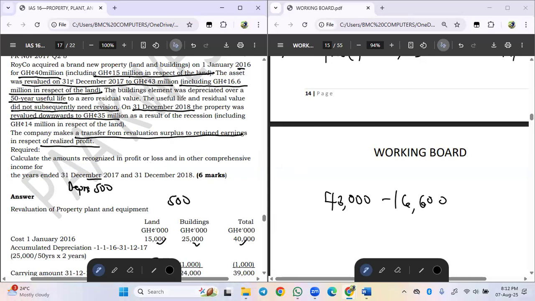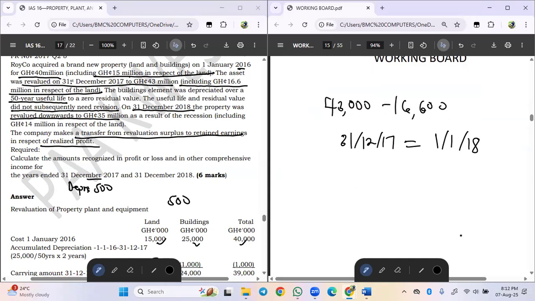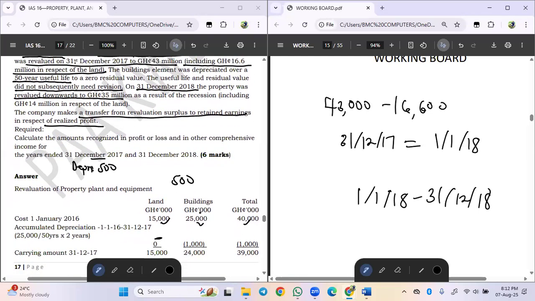So I've been saying this, 31st December 2017 is also the same as what? 1st January 2018. So you have to calculate depreciation from 1st January 2018 to 31st December 2018, so that you determine the carrying amount as at the second revaluation date. That's the 31st December 2018 here.